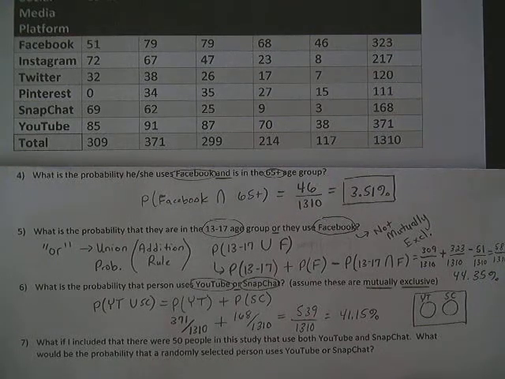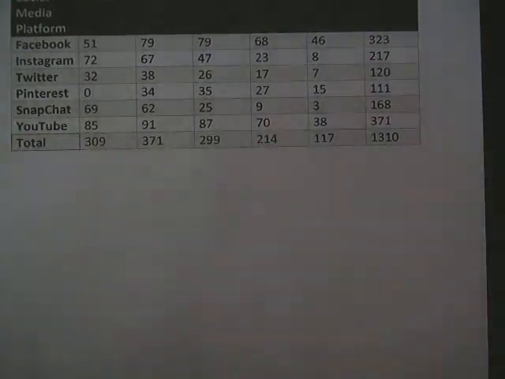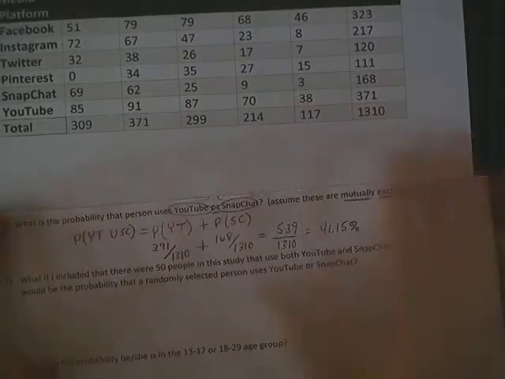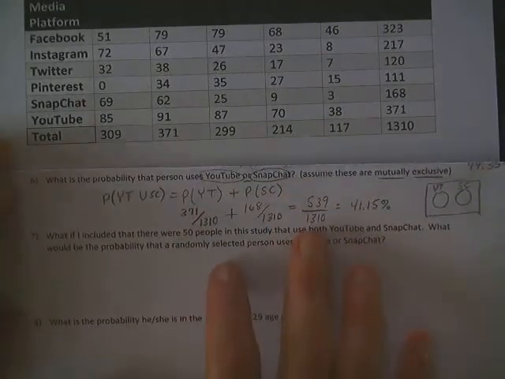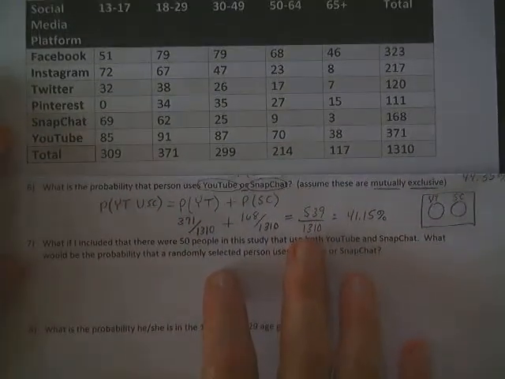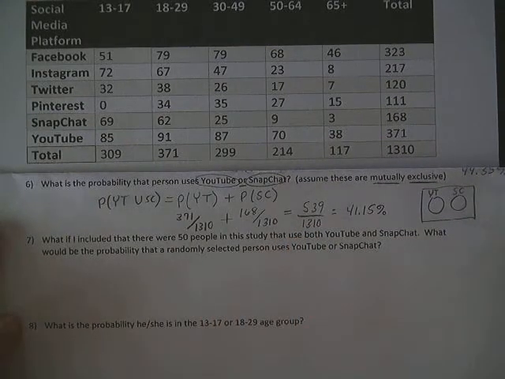Snapchat. Okay, so let me fold my paper again so that you can see the next few problems. All right, the next problem, number 7, says, what if, so I'm switching it up on you here, what if I included that there were 50 people in this study that use both YouTube and Snapchat?